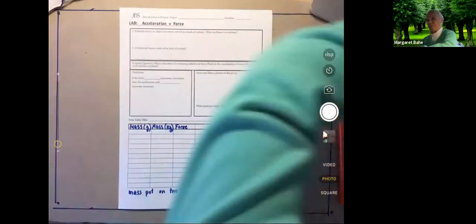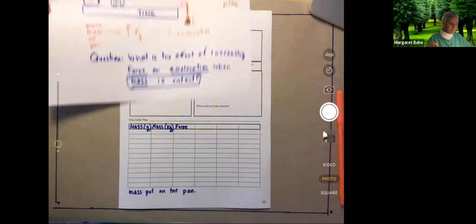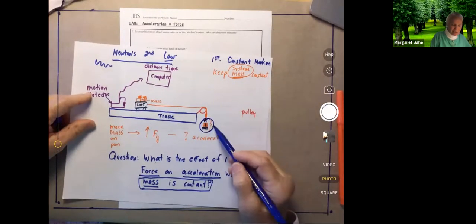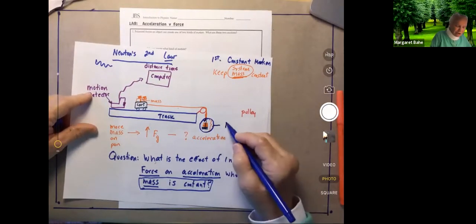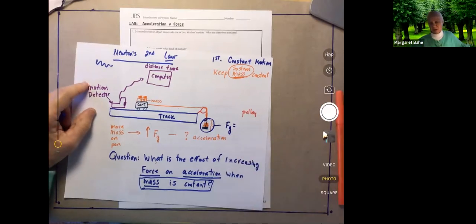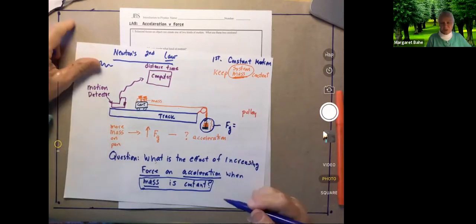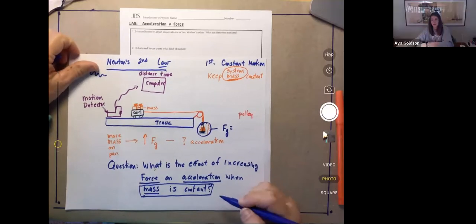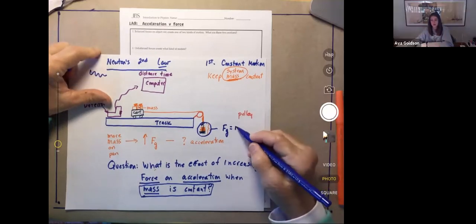For example, if I know what my mass is on this pan, how can I figure out my force due to gravity? Who remembers that expression? Whoever does, unmute yourself and chime in. The mass times the strength of gravity.